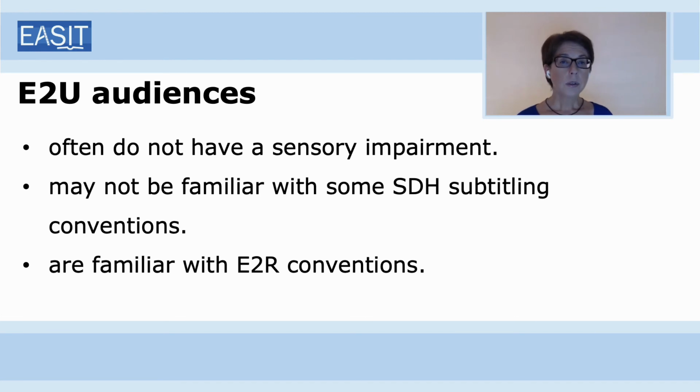Conversely, easy-to-understand audiences, especially easy-to-read users, are used to own conventions such as the use of digits for all numbers, that is, to also use digits for the numbers 1 to 10, which are often spelled out in standard languages.